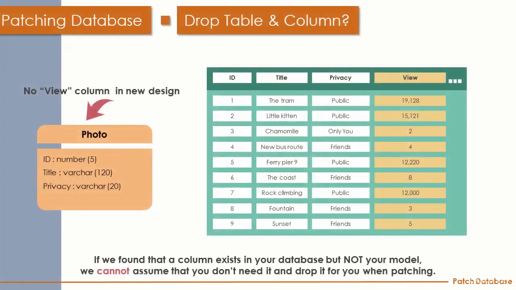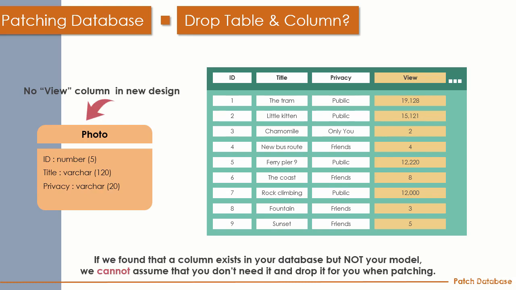Then how would it happen? When we analyze the database and your design, if we find that there is a column in your database, like the view column, but it doesn't show up in the entity in your ERD, we cannot, as Visual Paradigm, assume that you don't need this column. Maybe you manually went to the database to create a column for fixing some urgent issue.